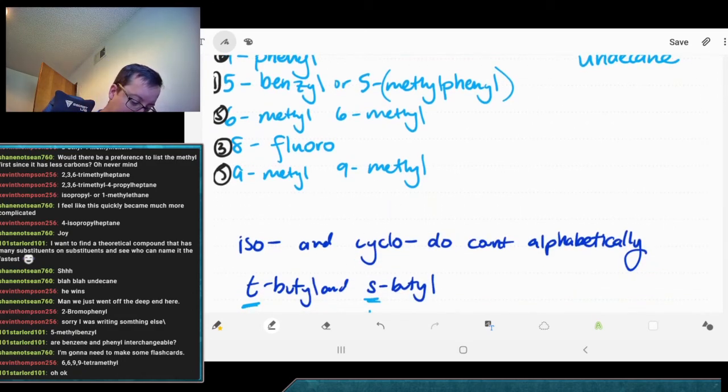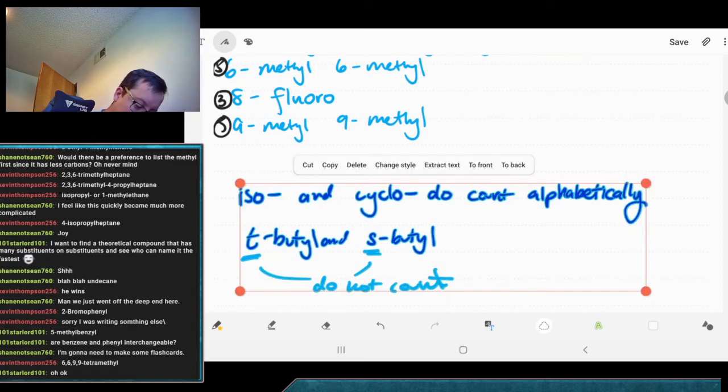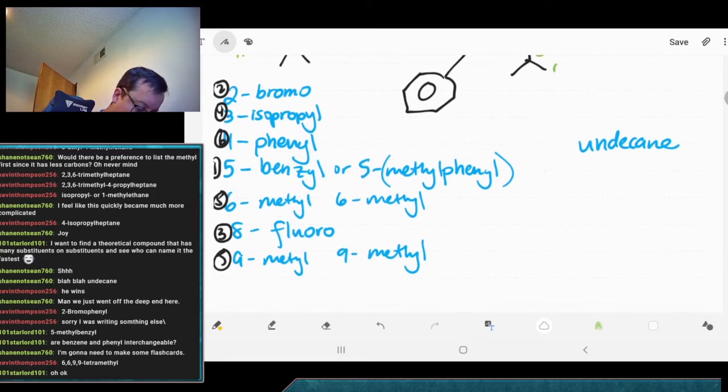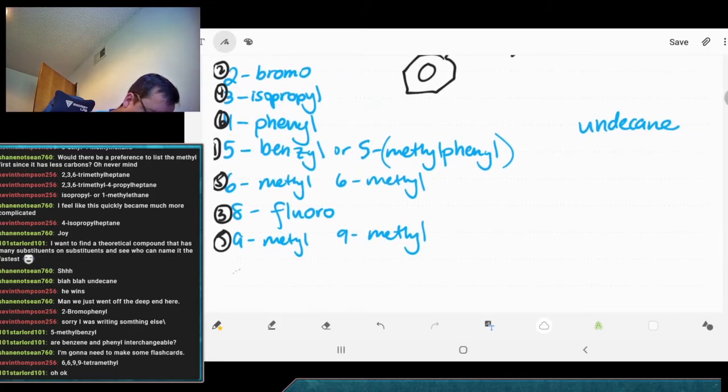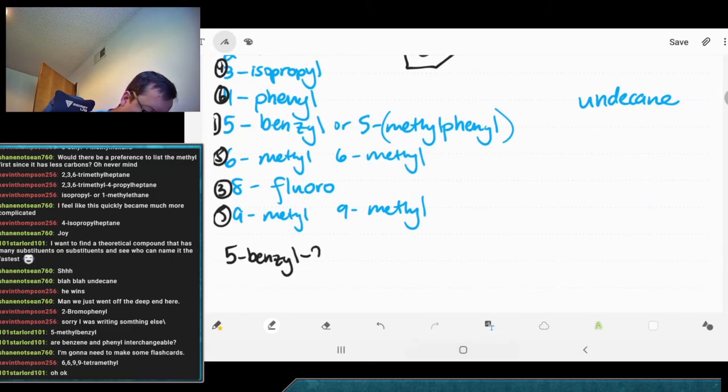Oh my gosh, this horrible isopropyl thing is in my way. Okay. So, here we go. The name. The first one is benzyl, so 5-benzyl, then 2-bromo. Then what's our third one? Fluoro, 8-fluoro.